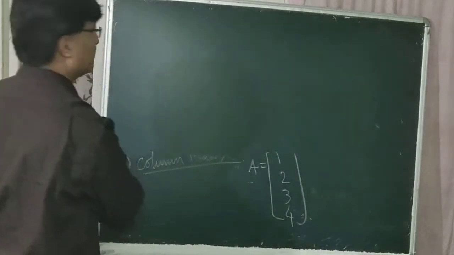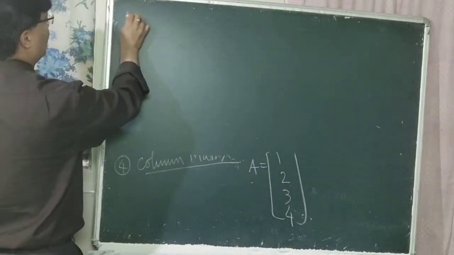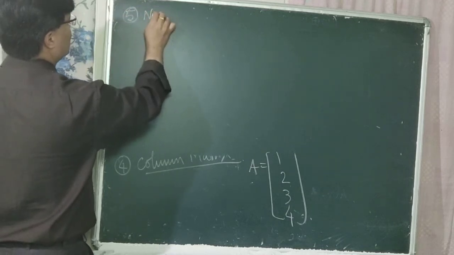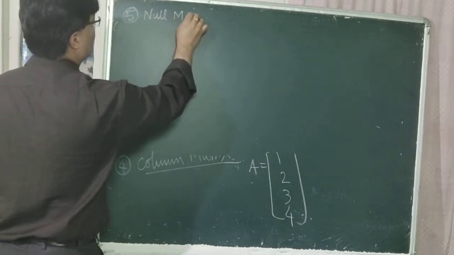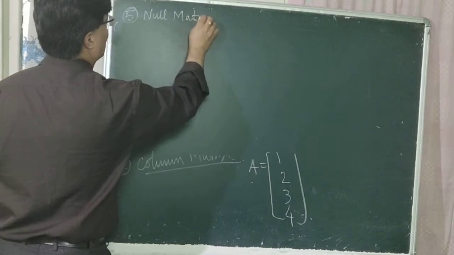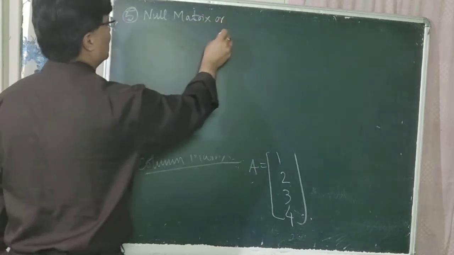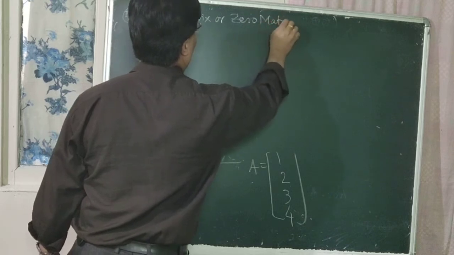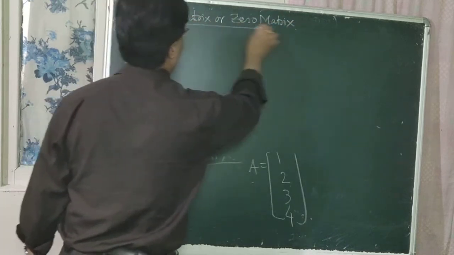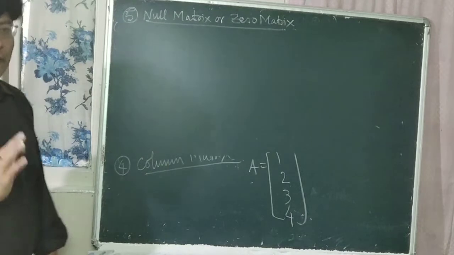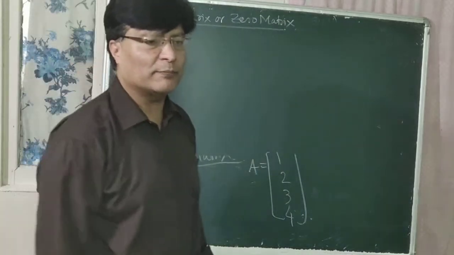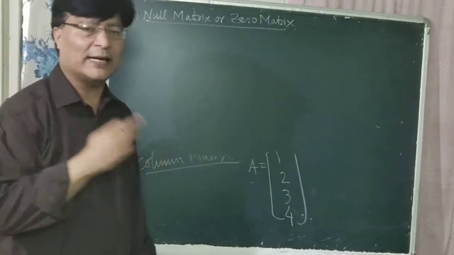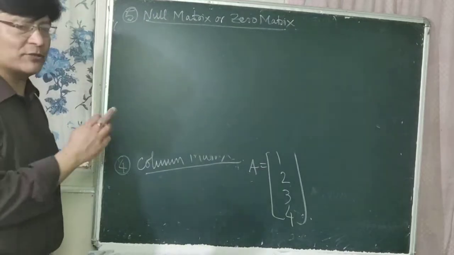So the next one, number 5, is the null matrix or zero matrix. If all the elements of a given matrix are 0, then that is known as a null matrix or zero matrix.